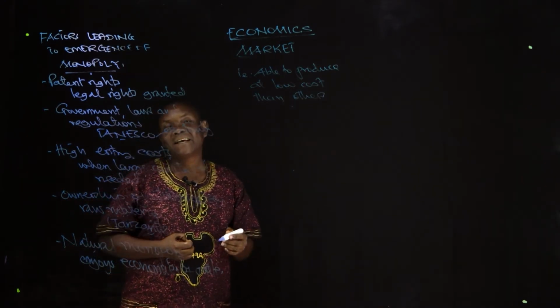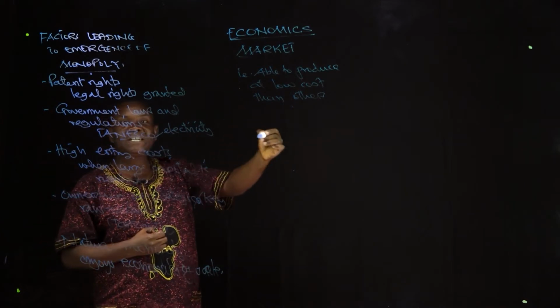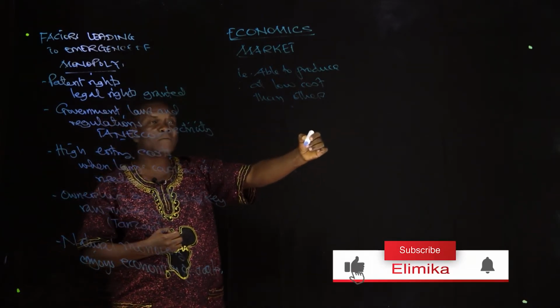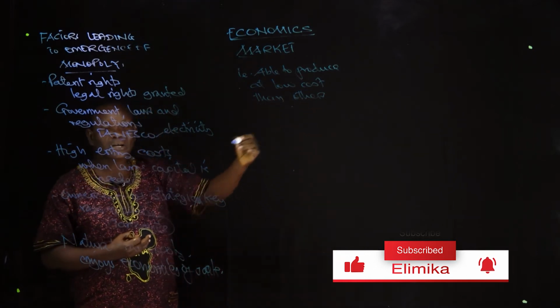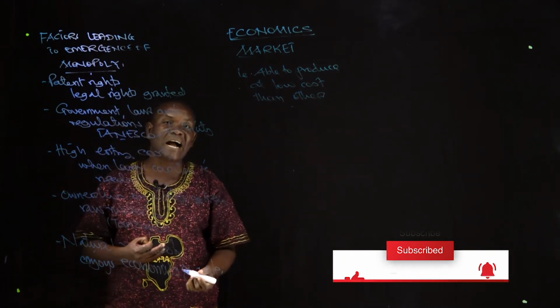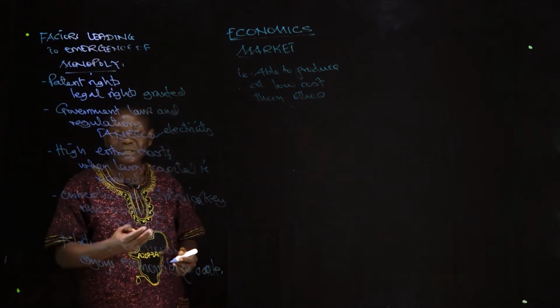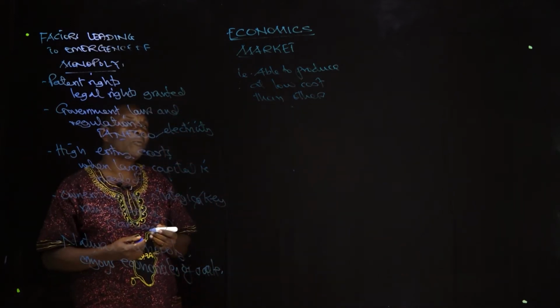So you produce at minimum cost and sell at minimum price, such that the other rivals cannot afford to supply such a commodity at such low prices. We say this is natural monopoly.